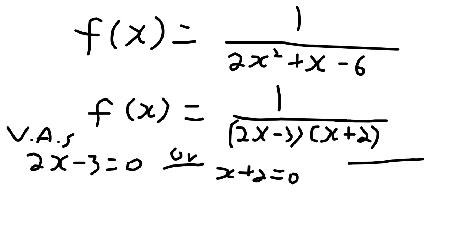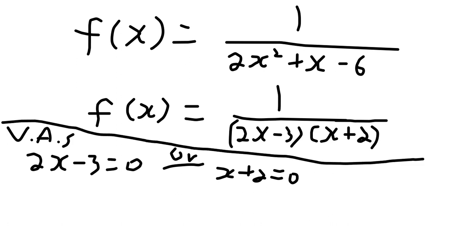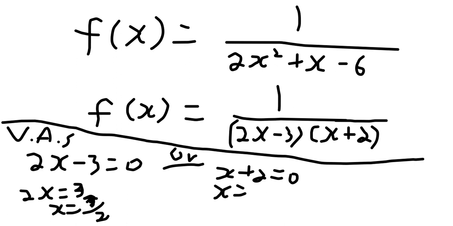We have vertical asymptotes at the poles. The poles are the x values that make the denominator equal to 0. So in one case, we've got 2x is equal to 3, or x is equal to 3 over 2. And then in the other case, we've got x equals negative 2.